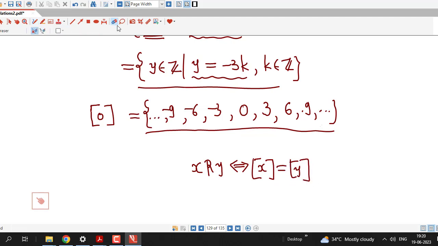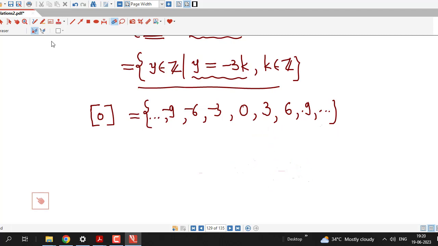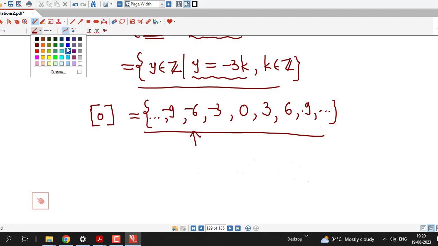Therefore, equivalence classes generated by all the members of this equivalence class will be the same. Equivalence classes generated by 3, 6, 9 and so on, and minus 3, minus 6, minus 9 and so on are all equal to this equivalence class.